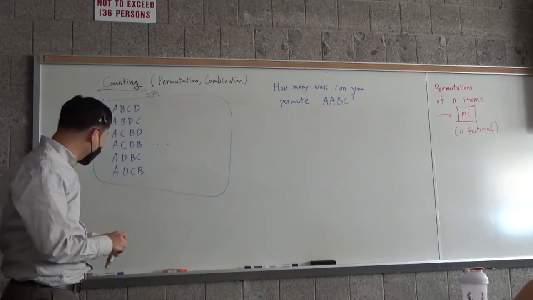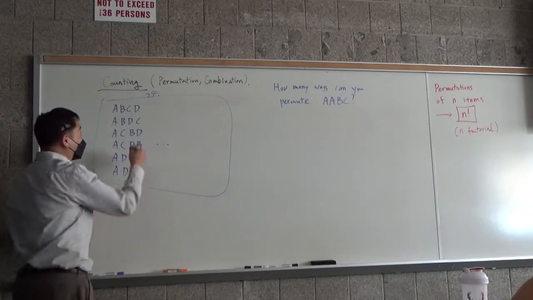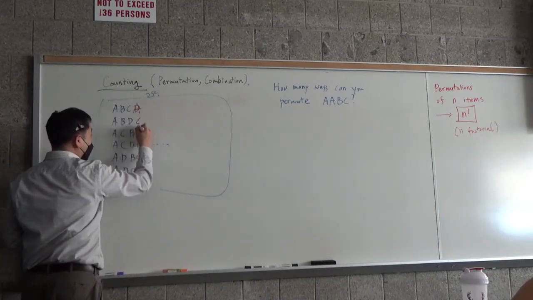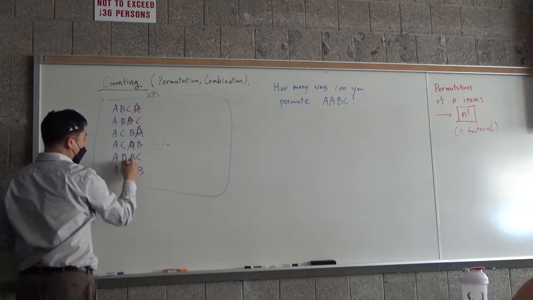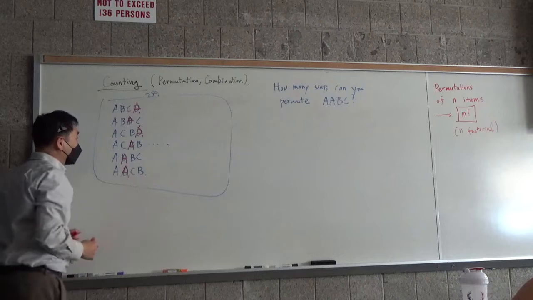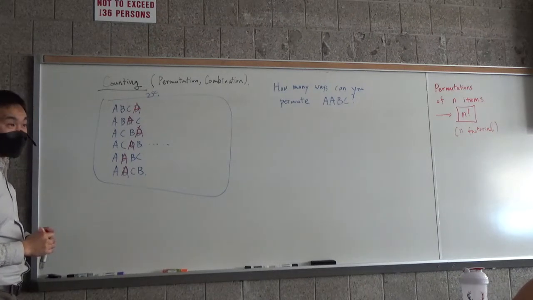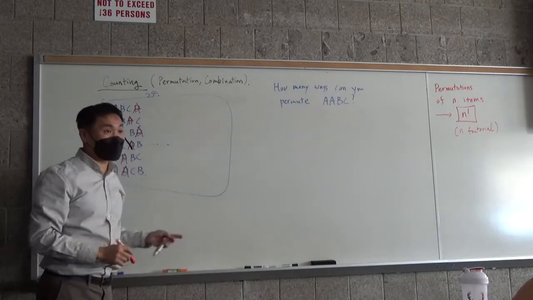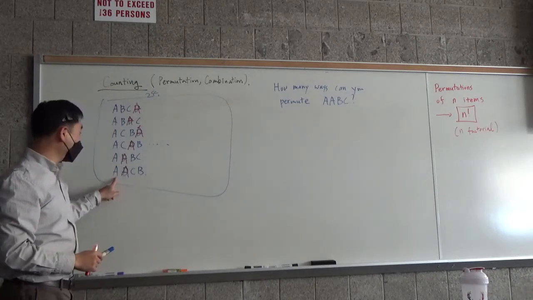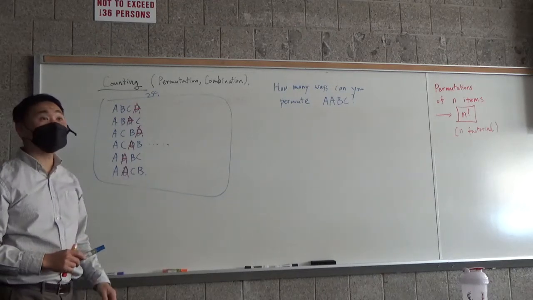So here's an idea. In this list, replace all the D's by A's. Okay? If I do that, then of all the 24, they actually end up being some permutation of A, A, B, C. Don't you agree?